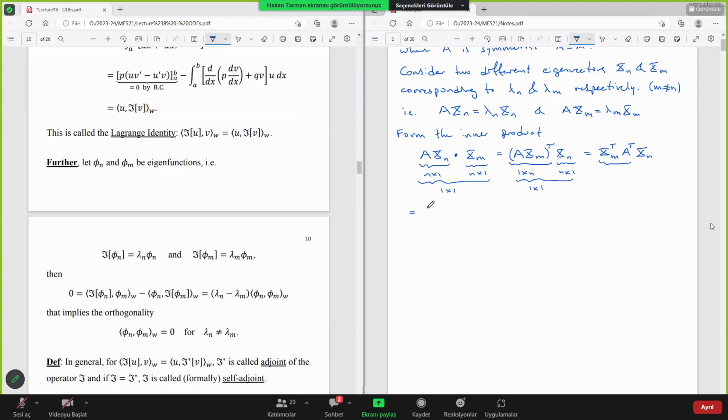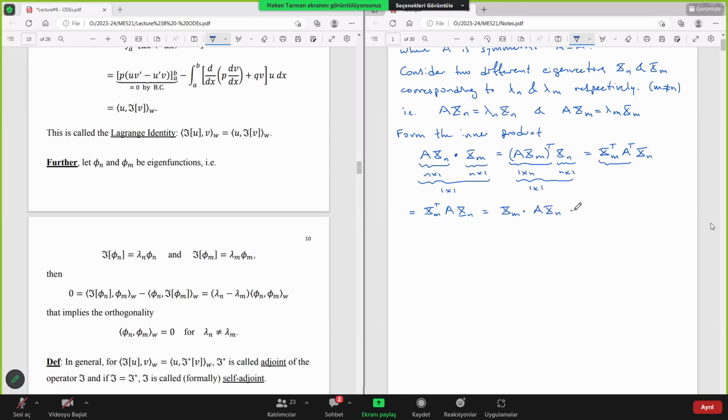Let me collect my thoughts. Now we have symmetry, right? So A transpose can be replaced by A, and so what we get is xm dot A xn, right? By the same analogy, okay?